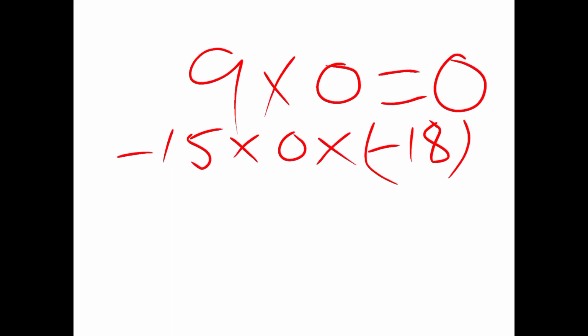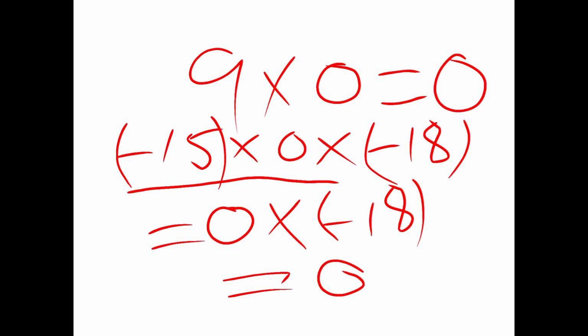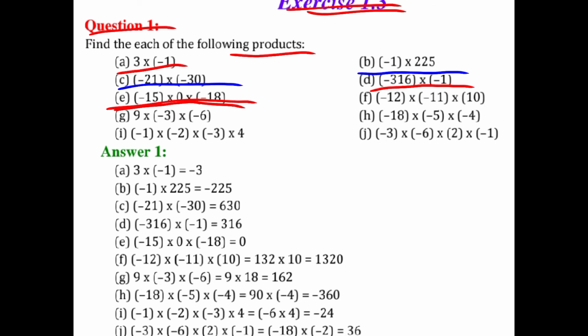If you multiply negative 15 with 0, that is equal to 0. Then if you multiply negative 18 with 0, again it will be 0. So our answer is 0. Any number, whether large or small, positive or negative, when multiplied with 0 gives 0 as the answer.